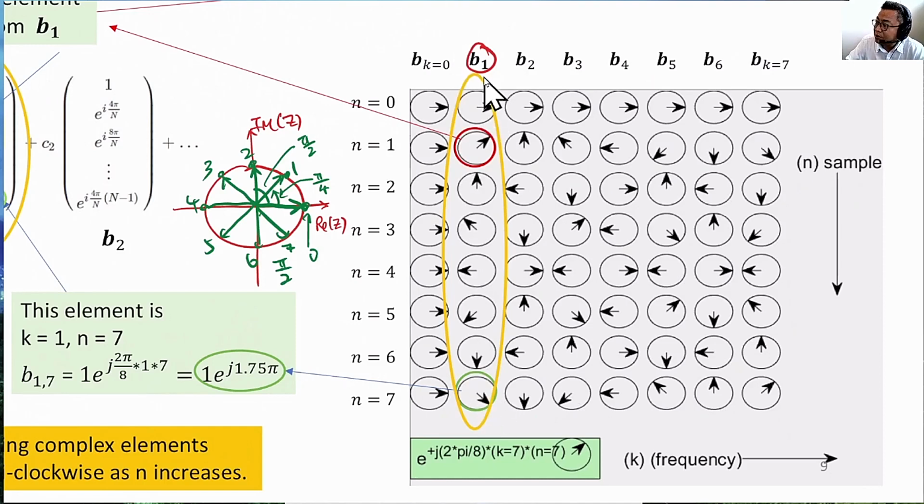So what is B1 now? B1 is a complex exponential rotating anti-clockwise with amplitude 1 with digital frequency π/4 radian per sample.